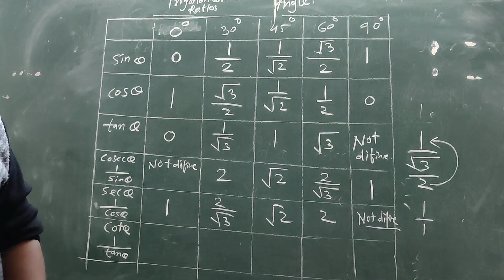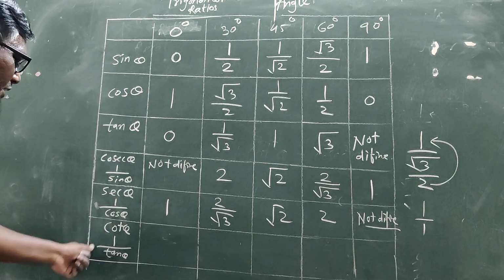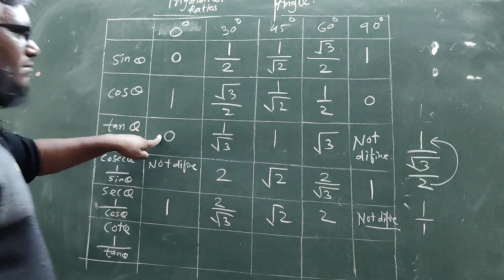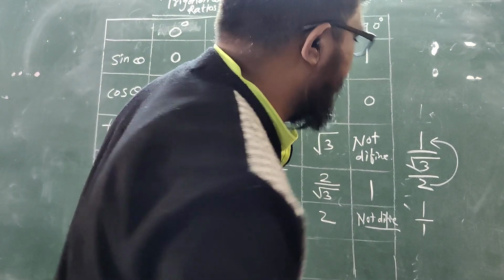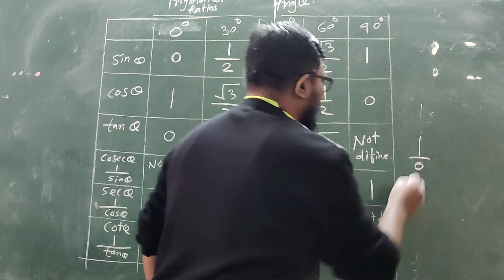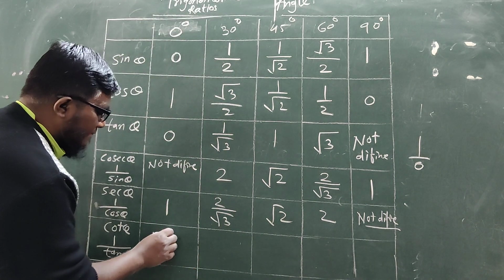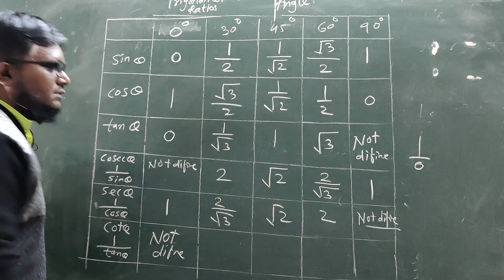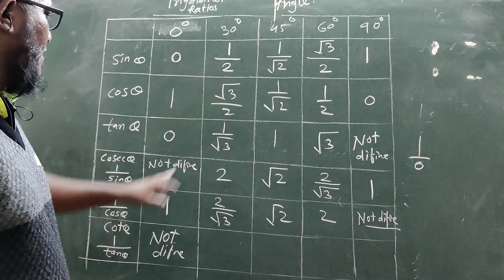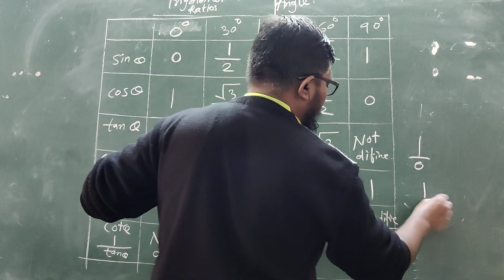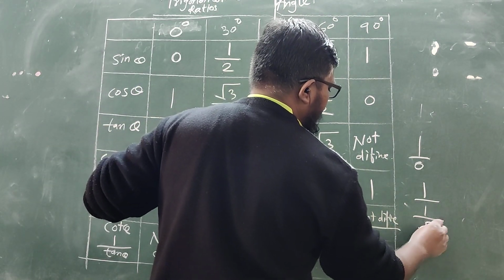Now last thing, we have to find the cot theta. The value is what? 1 upon tan theta. Tan theta's values are given, 1 upon tan theta. Tan theta's value for 0 degree is what? 0. So 1 upon 0 is also not defined, because any number divided by 0 is not defined. Now tan theta 1 upon under root 3.